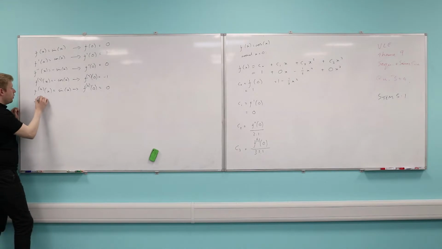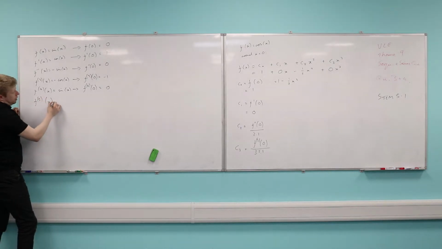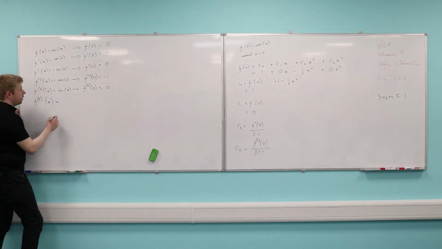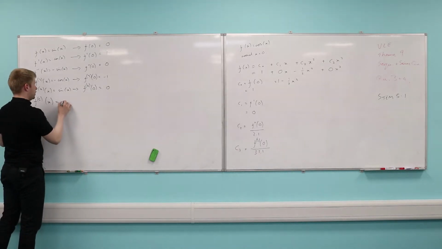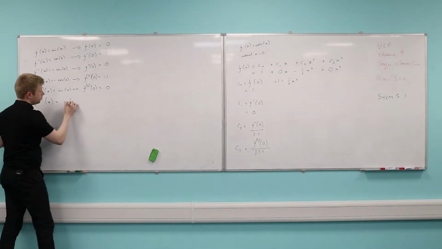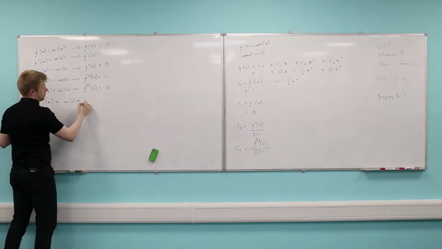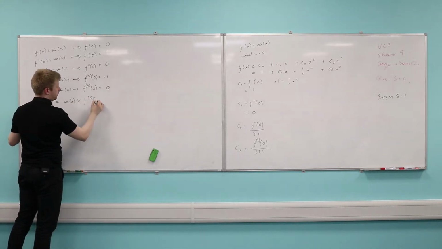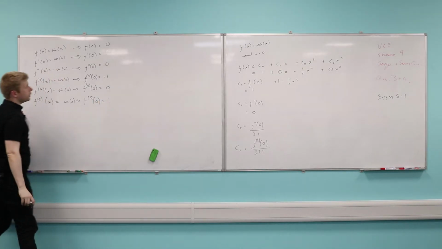So always keep an eye on how many terms you're after, and just be aware sometimes they'll drop out to be 0. So what do we get? Negative cos. Sorry, no. It's just cos, isn't it? So f5 of 0 is equal to 1. Hey, we got 3 terms.